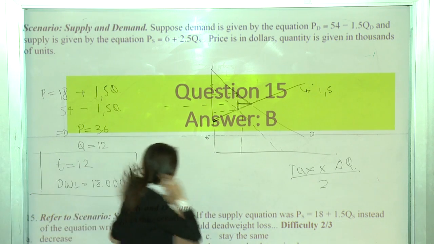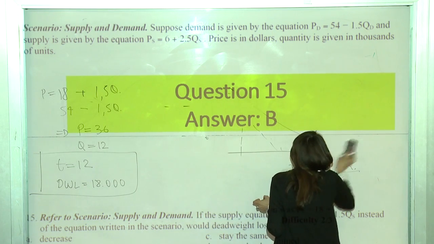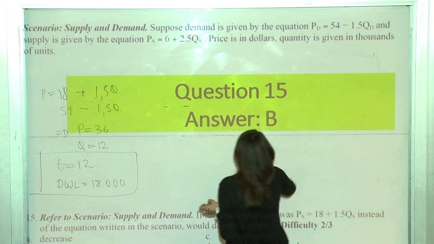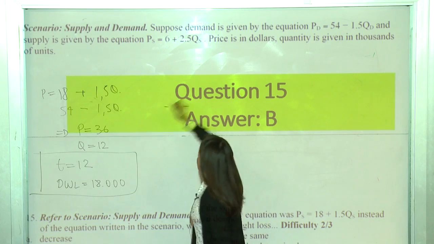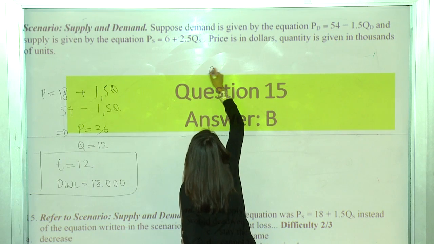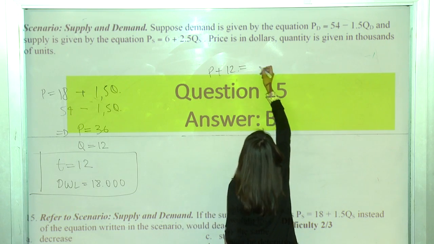Now, let's do the same. We have that the demand function changes with a tax of 12.